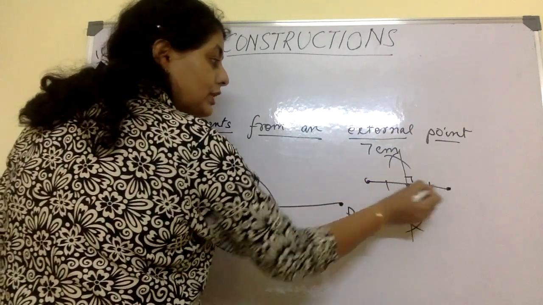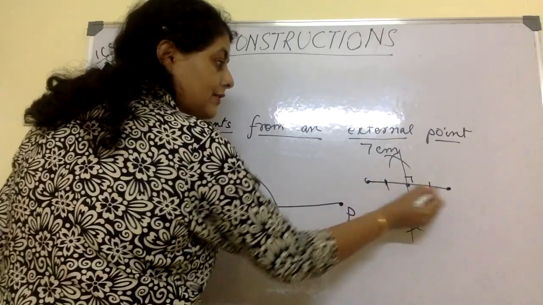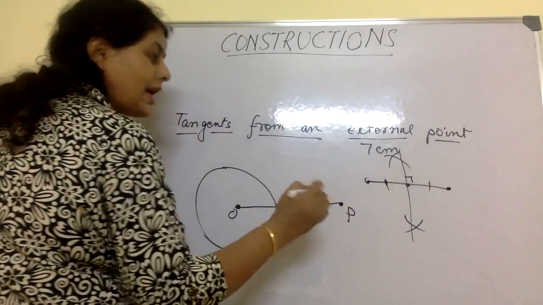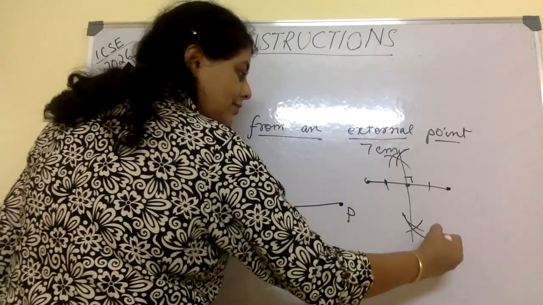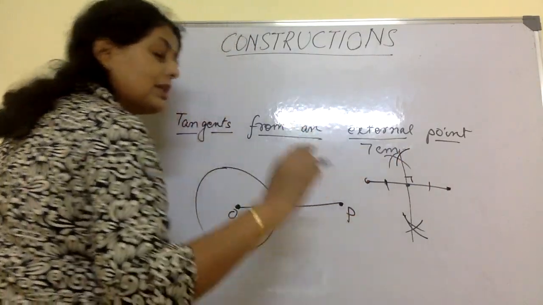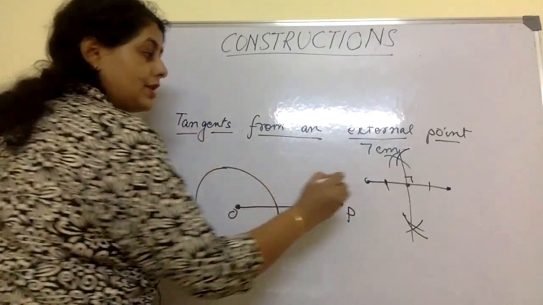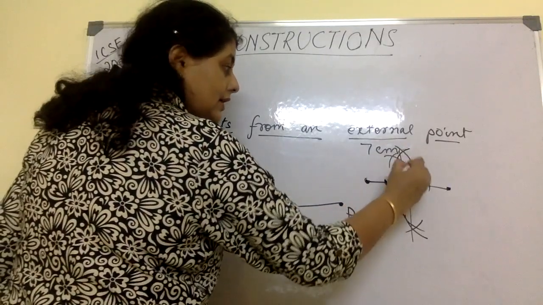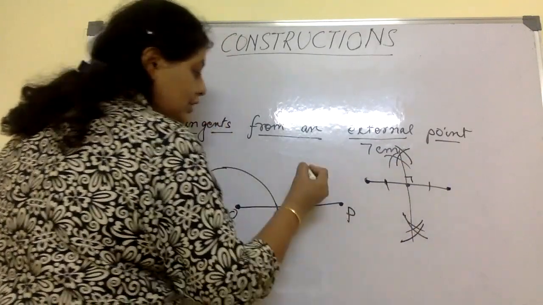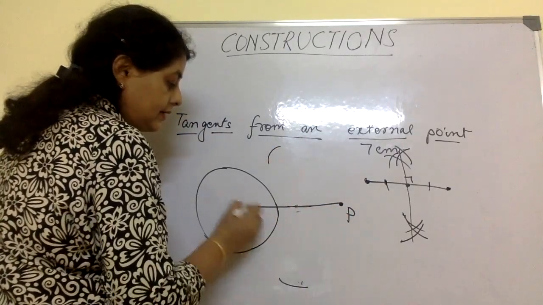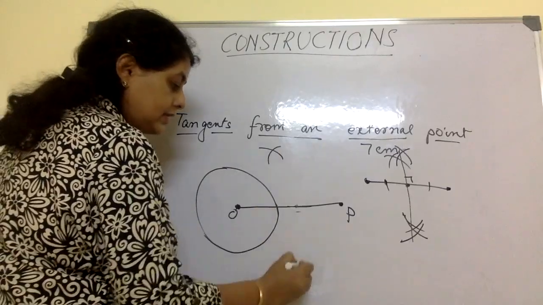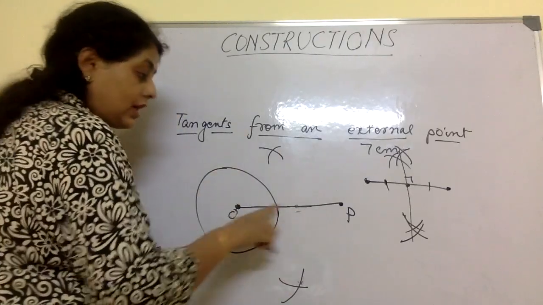So pull the pencil end at least till here, and make an arc like this and an arc like this. Use the same radius, don't change it: fix the compass here, arc here and arc here, with the same radius. So your radius has to be more than half of OP.